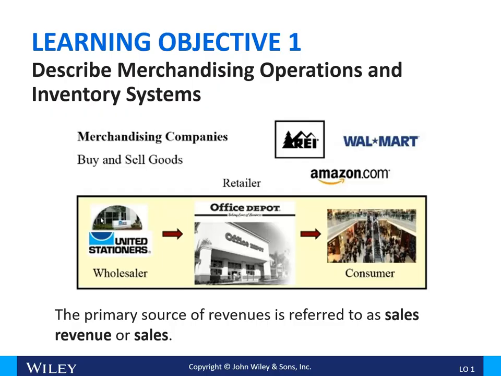If you look at a retailer example here, Office Depot, they're going to buy goods from a wholesaler, in this case United Stationaries. They're going to put it in their stores. They're going to try to sell it to the consumer, and the consumer is the ultimate end goal of where we're trying to sell these goods. The primary source of revenues is referred to as sales revenue or simply sales.